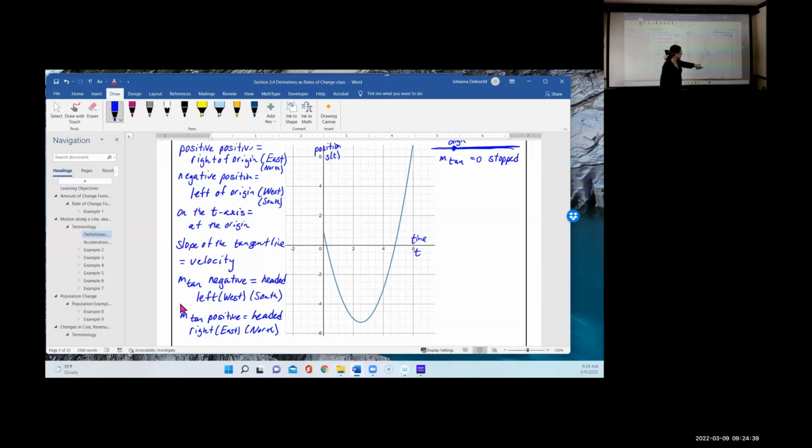Now, where is it at 4? It's still a negative position. So it's still west of the intersection of I-25 and I-70. So it's still out in, I don't know, let's say Arvada or somewhere like that. So it's still to the west of that intersection, but it is traveling. Notice that the slope of the tangent line is positive.